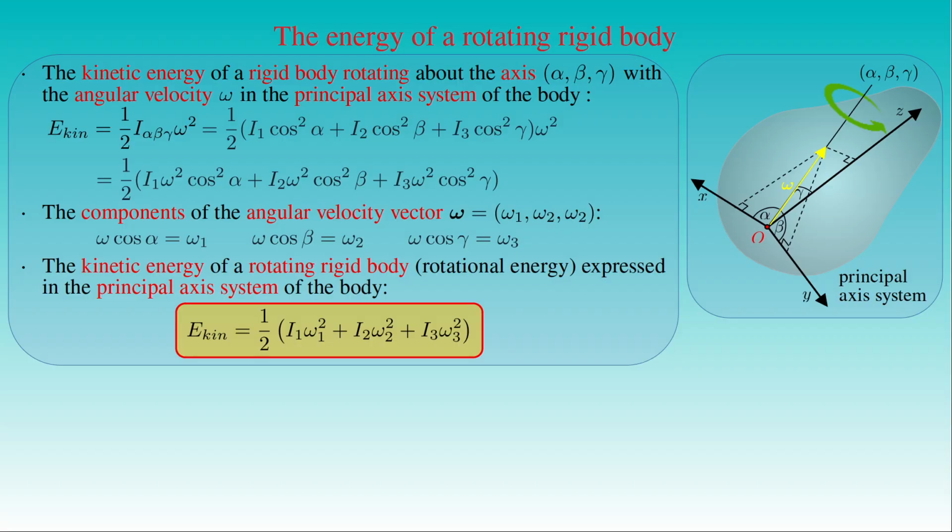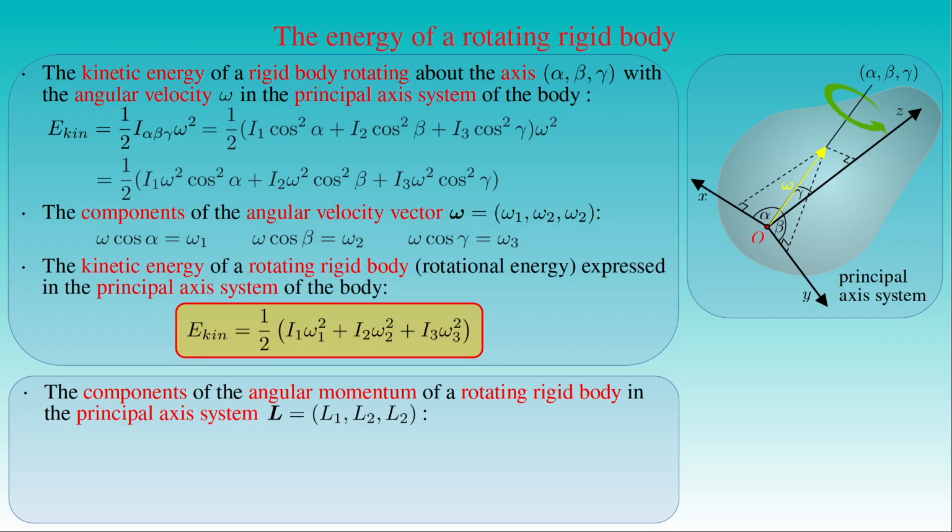We can also express the kinetic energy of a rotating body in terms of its angular momentum L, if we decompose the latter in the principal axis system of the body, where the components of the angular momentum are equal to the product of the corresponding principal moments of inertia and components of the angular velocity vector.